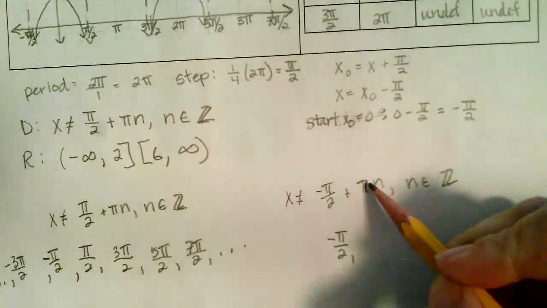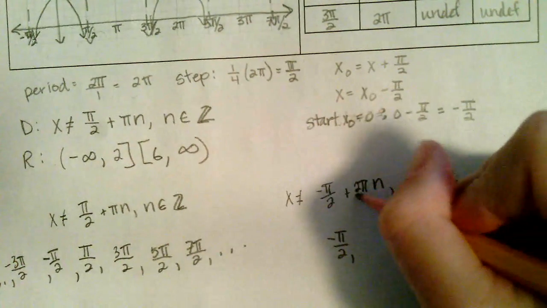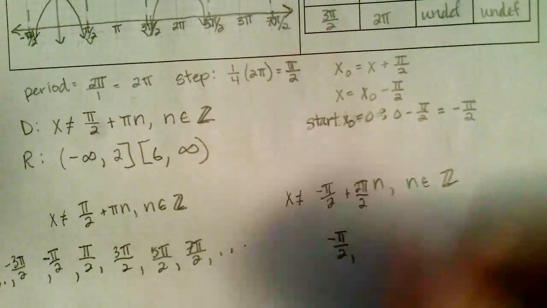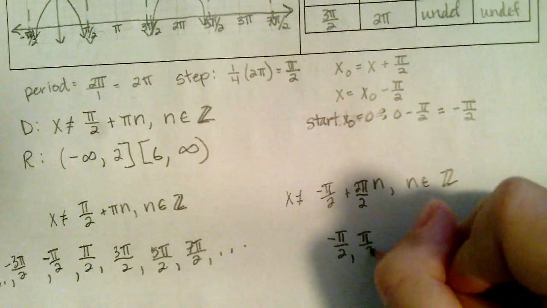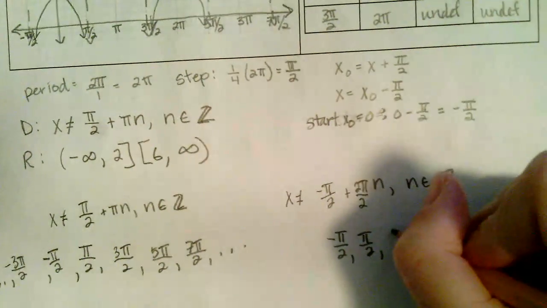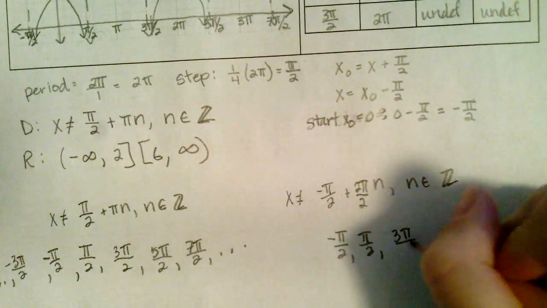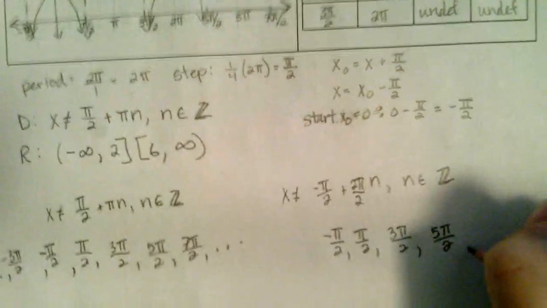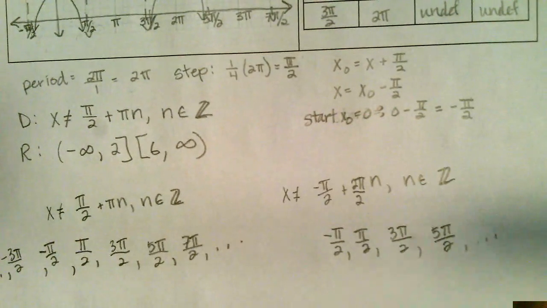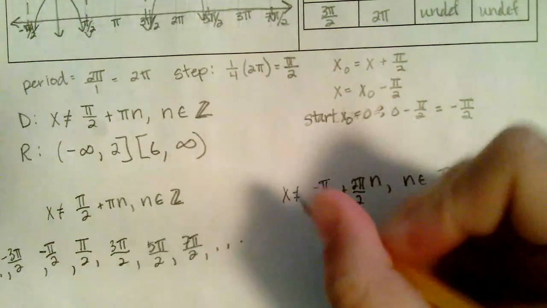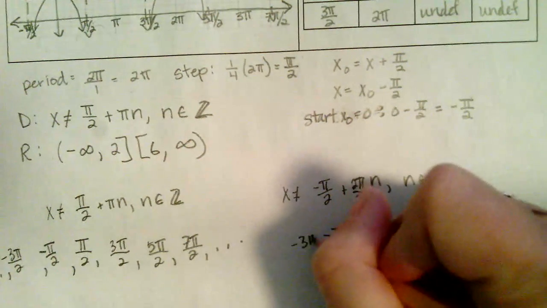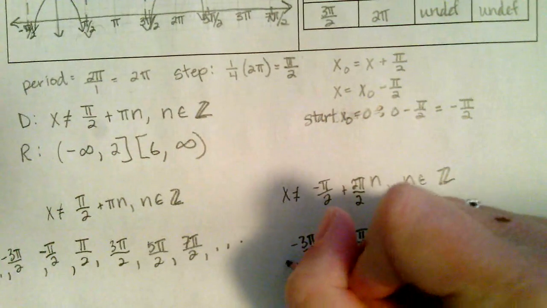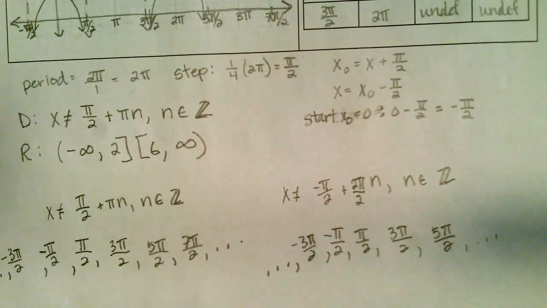Then if we add, this is the same as adding 2 pi over 2, right? We're going to be at pi over 2. Then we're going to be at 3 pi over 2. Then we're going to be at 5 pi over 2. Okay, and it's going to keep going like that. And if we subtracted that amount, we're going to get negative 3 pi over 2. And it's going to continue that way.